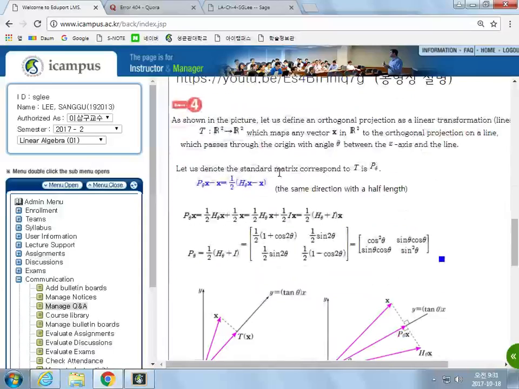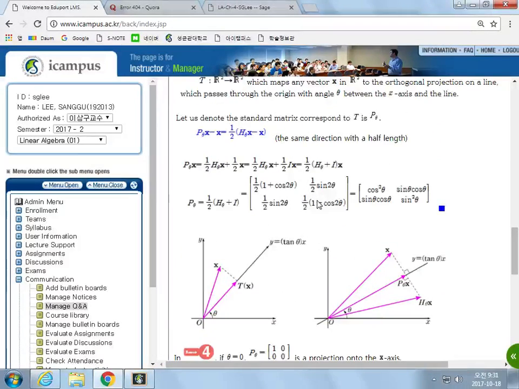With this H theta, the next problem is finding the standard matrix for the projection of x onto y equal to tangent theta x, which has a relationship like this, which is what we are looking for. This is just half of the vector from here to here. So H theta x minus x is this vector from x to H theta x, and the vector here from x to P theta x can be obtained by P theta x minus x, which is half of this, which gives us this relationship.